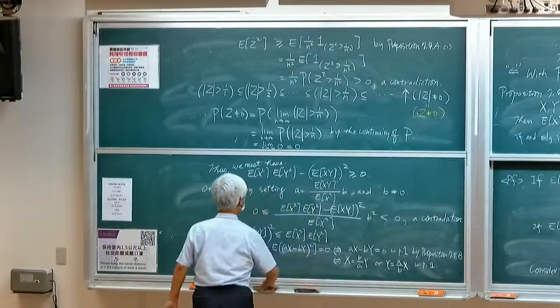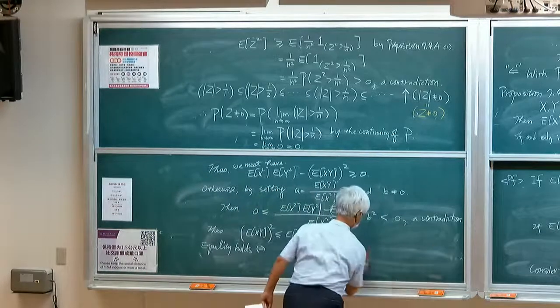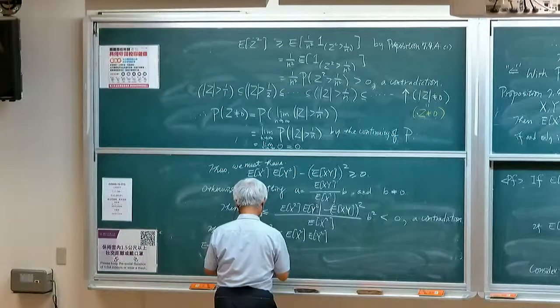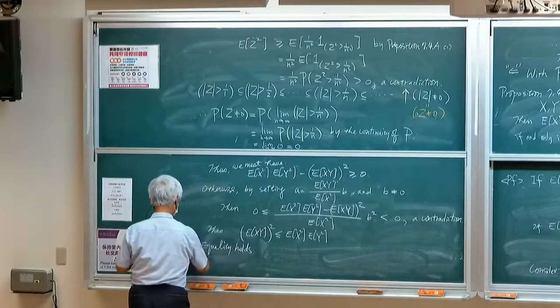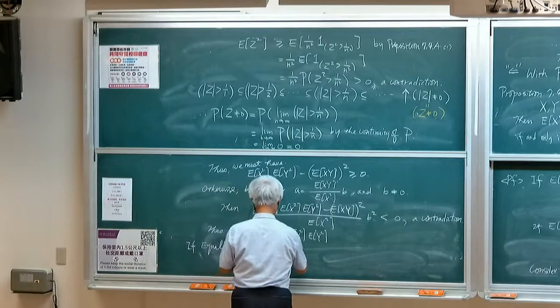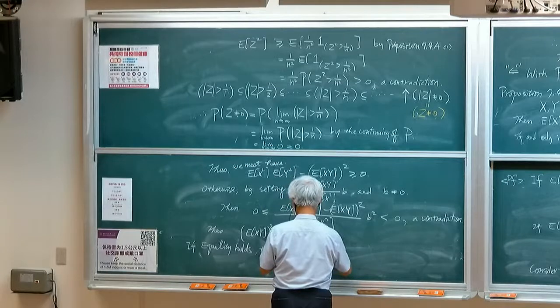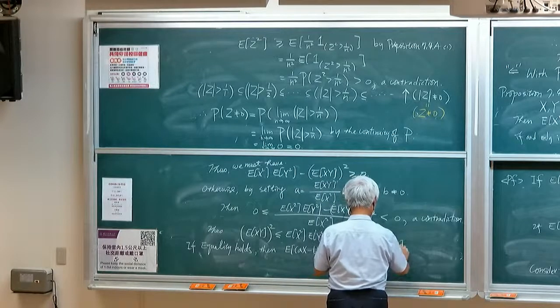Maybe so I have to say okay. I think I have to separate because if the equality holds, then the expectation of (ax minus by) squared is 0 for a equal to this quantity and b equal to 1.